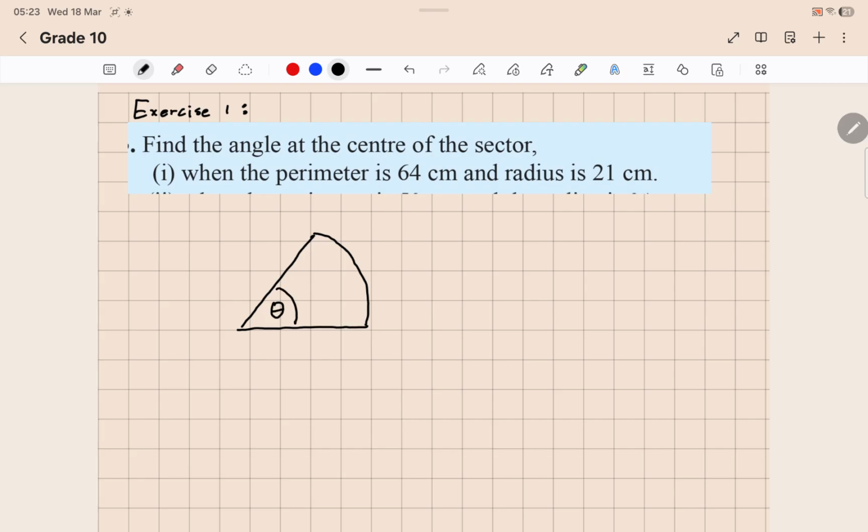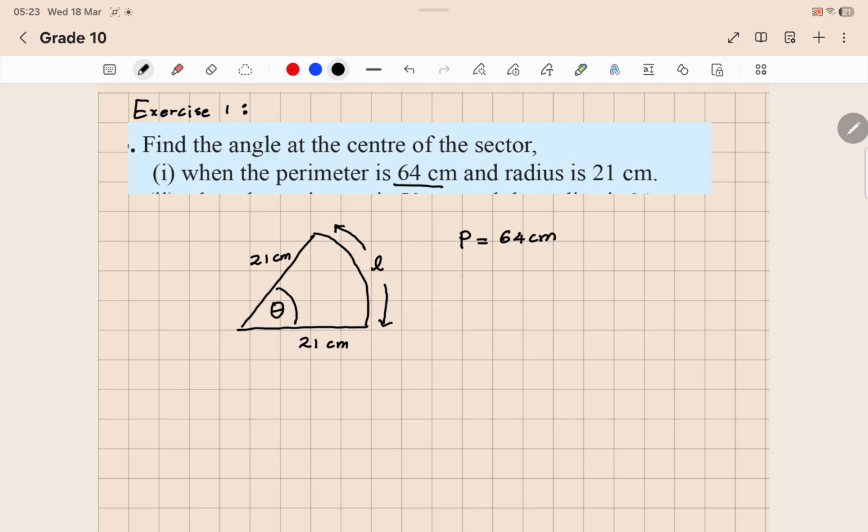We'll label it as theta. And the radius is given, which is 21. So this is 21 centimeters. This is 21 centimeters. And the arc length is not given, which is L. Then the perimeter is given as 64 centimeters.